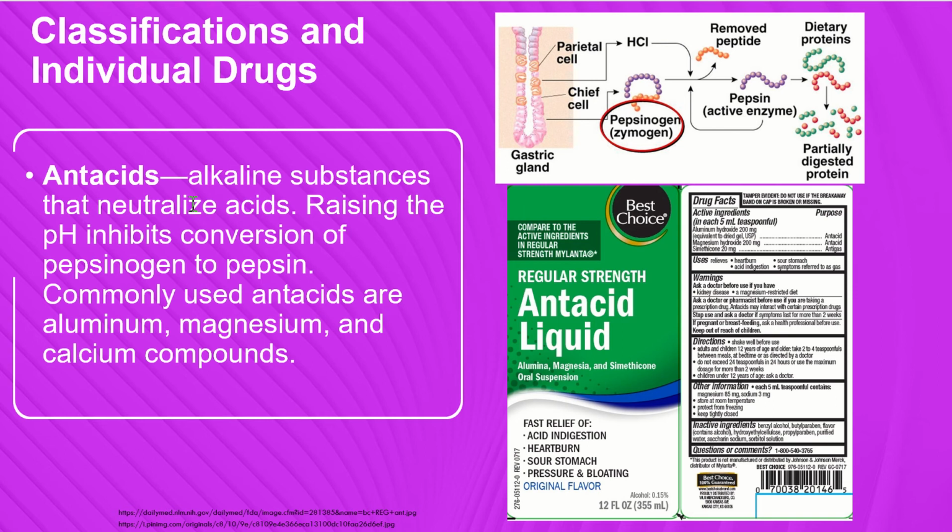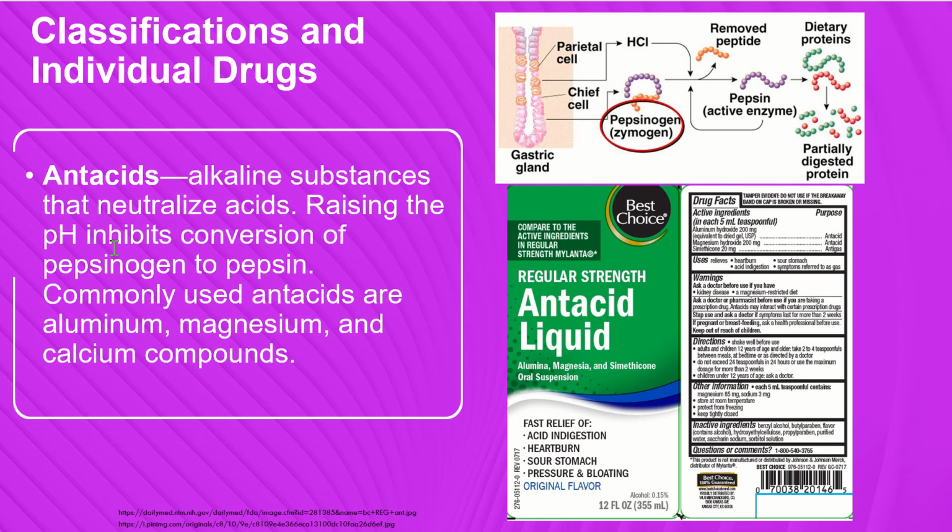So antacids raise the pH level and inhibit the conversion of pepsinogen to pepsin, because acid is important in that conversion.